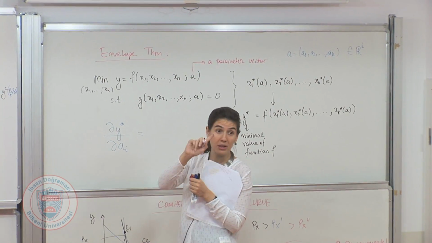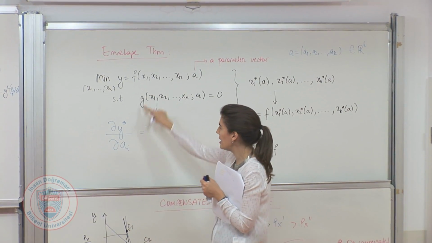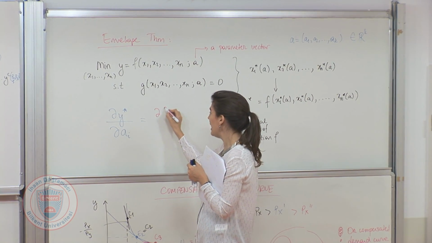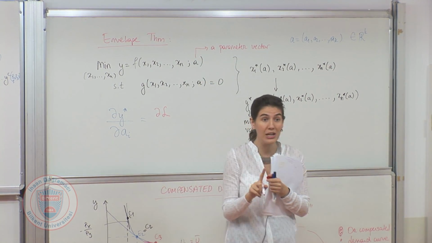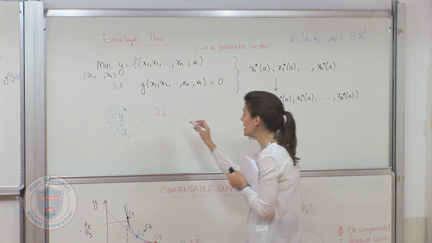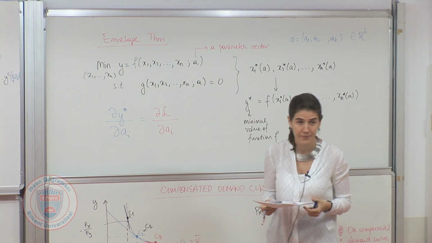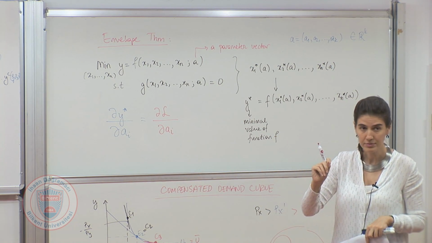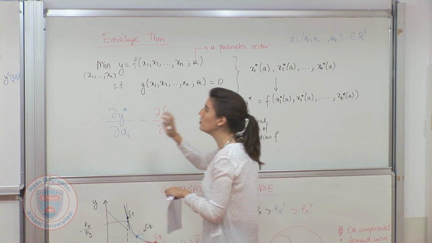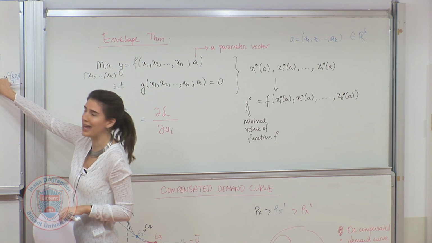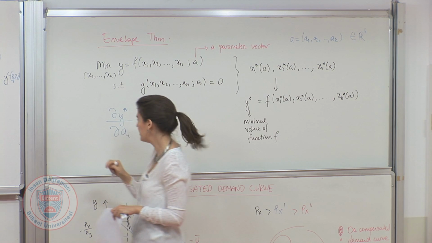So envelope theorem actually says if you want to take this derivative, form the Lagrangian, take the derivative of your Lagrangian with respect to ai first, and then ignore the fact that these guys are also depending on these parameters.